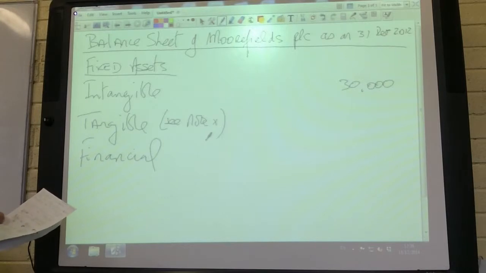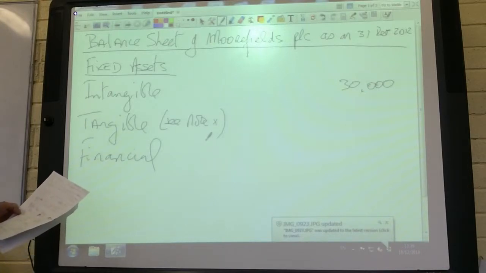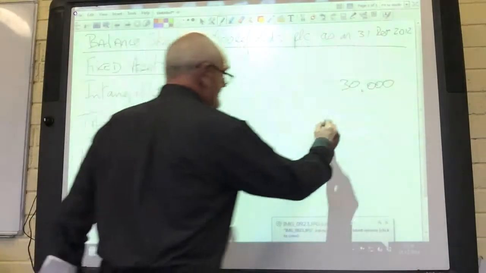But in this case, we've got vehicles, 116,000, buildings, the revalued figure of 970,000, and that gives us 1,086,000 for tangible fixed assets.